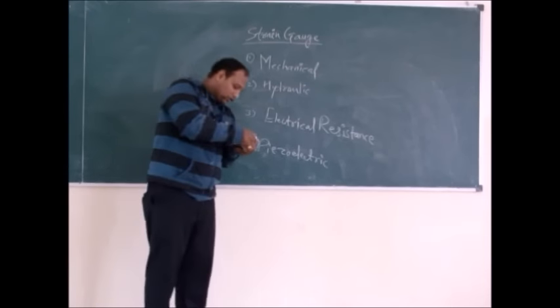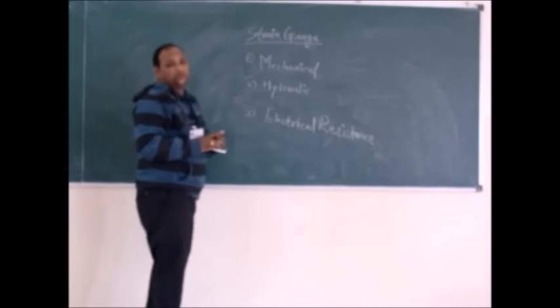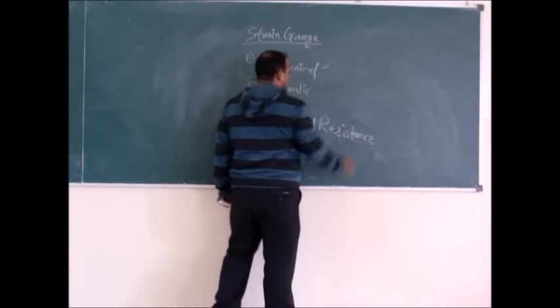So today we are going to see only 3 of these, because while learning piezoelectric transducers we are going to see the 4th one. So how does the mechanical strain gauge work?